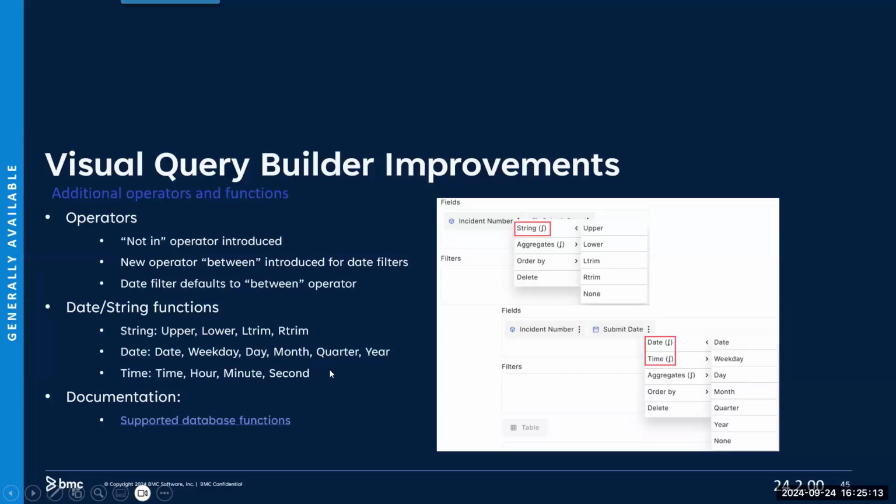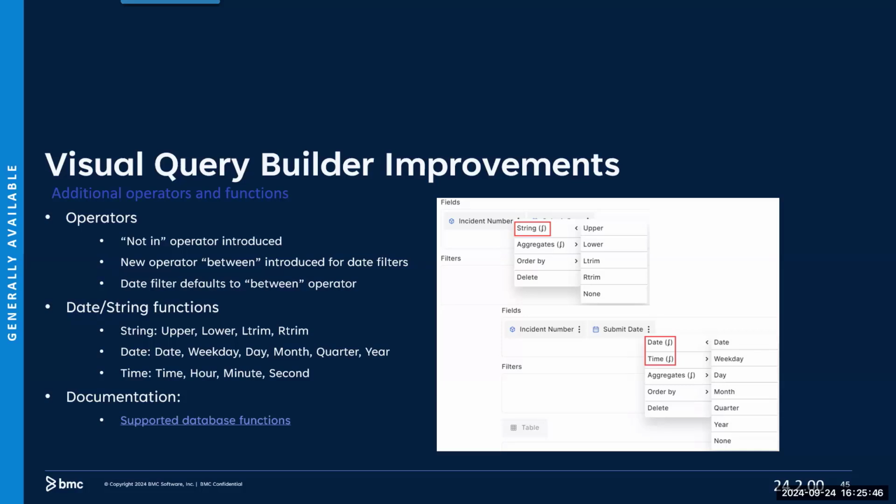Over time, we have also made improvements to VQB, adding some operators like not in, between, in, and so on. Adding date and string functions. Typically, you may have to apply string functions to convert your text data to lowercase or uppercase. Oftentimes you have to do that if your data is not good quality. Sometimes certain fields may have leading spaces or trailing spaces.